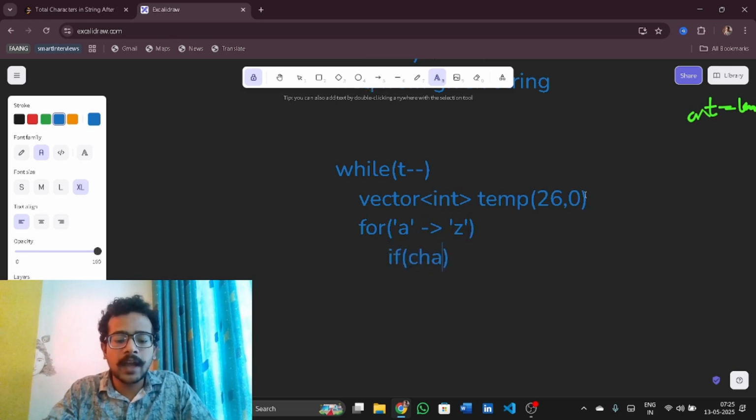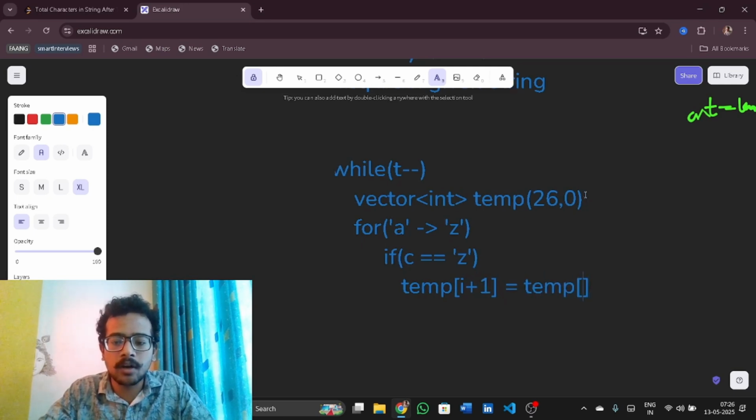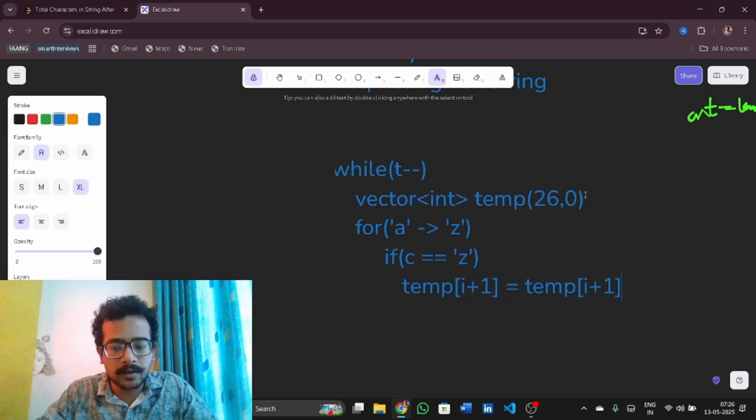If character C is equal to Z, then I am adding temporary of I plus 1 is equal to temporary of I plus 1 plus count of I.